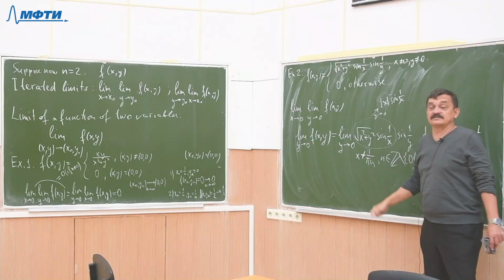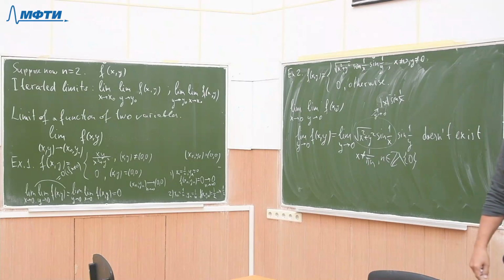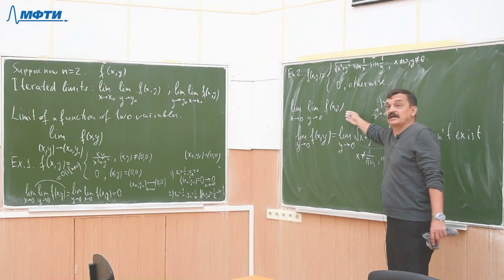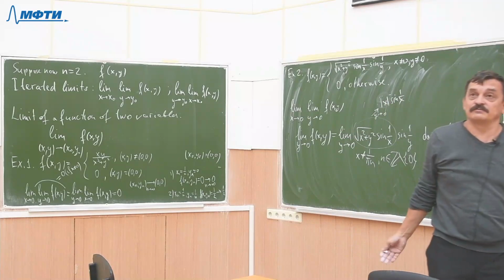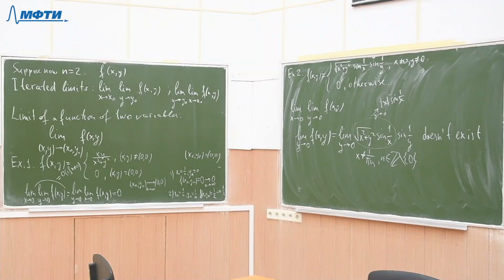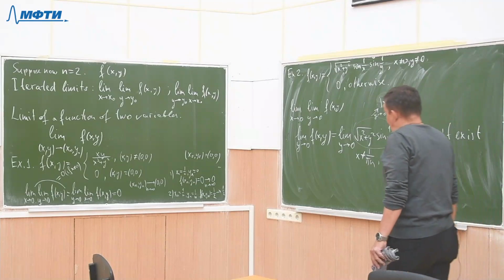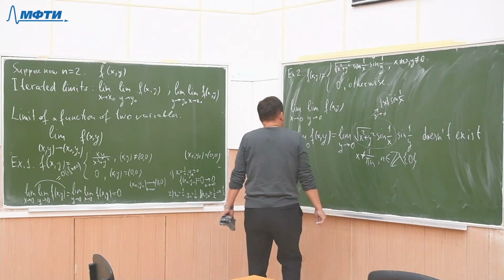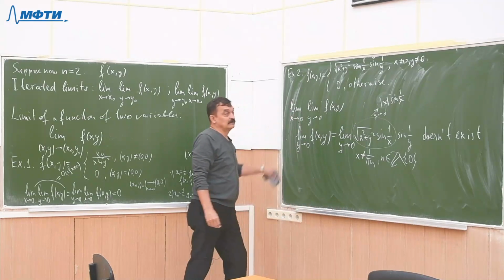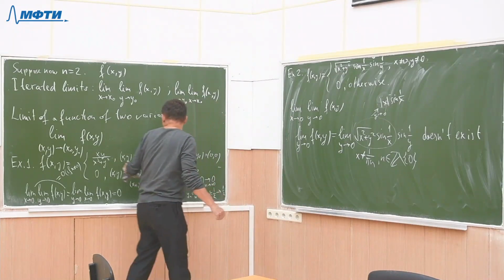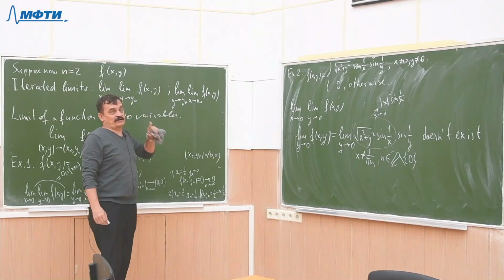If x is not equal to this, then the iterated limit doesn't exist as well, because the inner limit doesn't exist. Now I want to prove that the limit as a function of two variables exists.